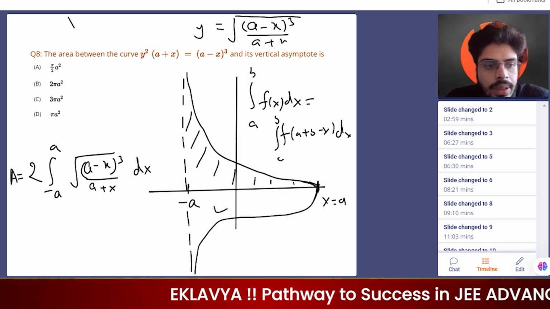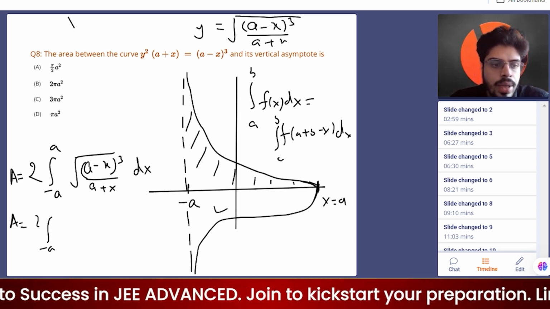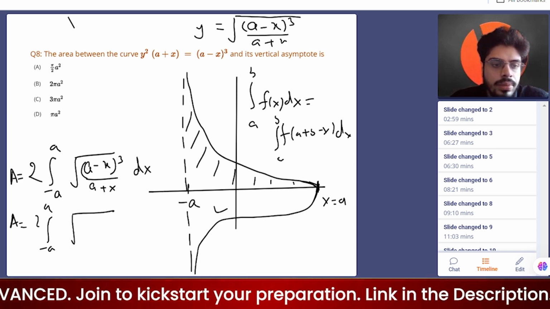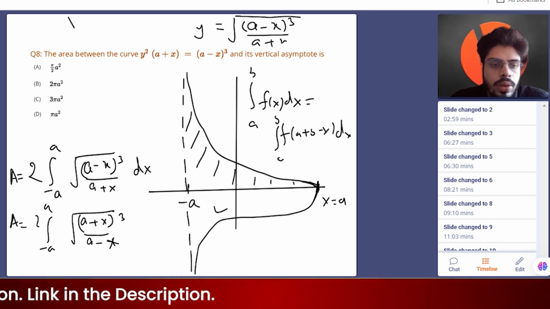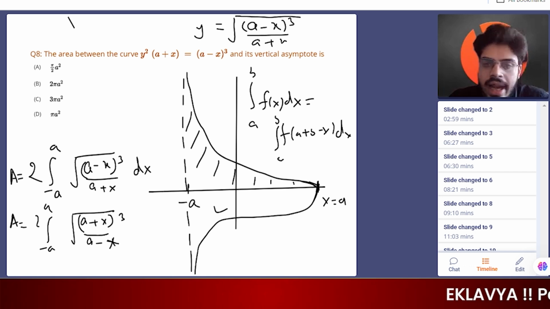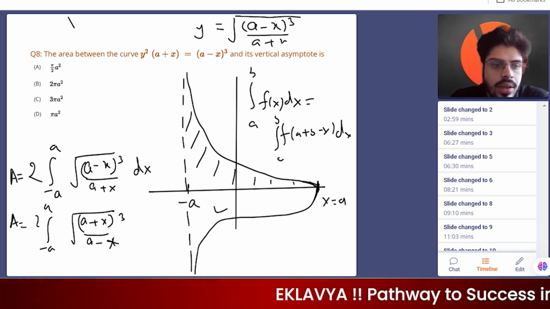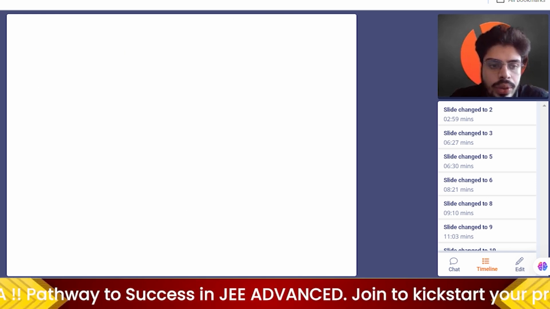So a plus b will be minus a plus a, 0, minus x. So I have to substitute minus x in place of x. So (a plus x) whole cube upon (a minus x). Okay. So let us add both the equations. So you get 2A is equal to 4 times this. So A is equal to 2 times this thing.